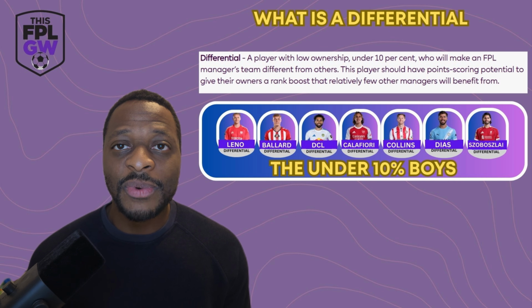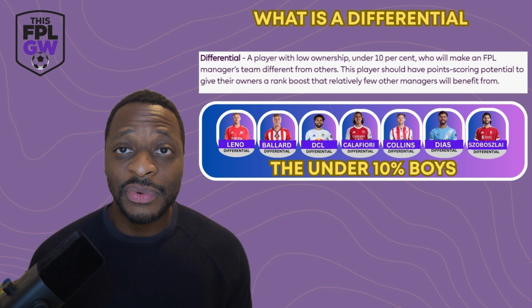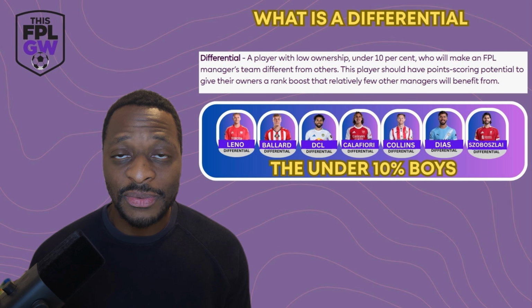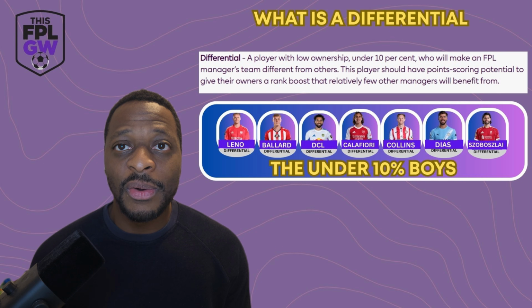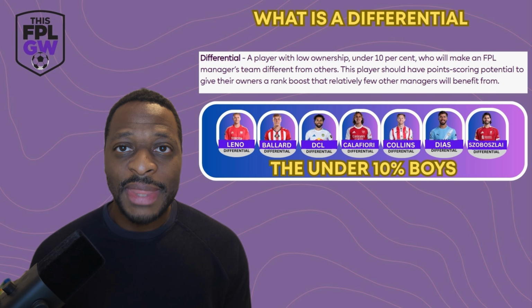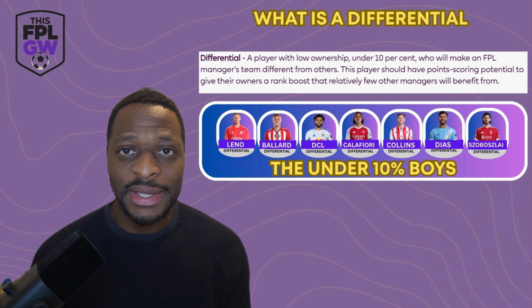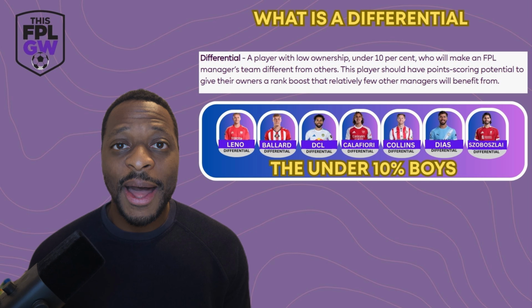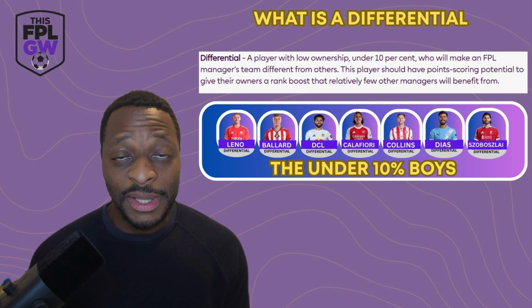The reason why we're doing this is I really wanted to show you how powerful differentials can be to help you rise the ranks, because the biggest part about why they're differentials is no one else has them, right? And so that is the real key to help you get up the ranks in terms of overall, but also in your mini leagues, is picking players that your other colleagues don't have.